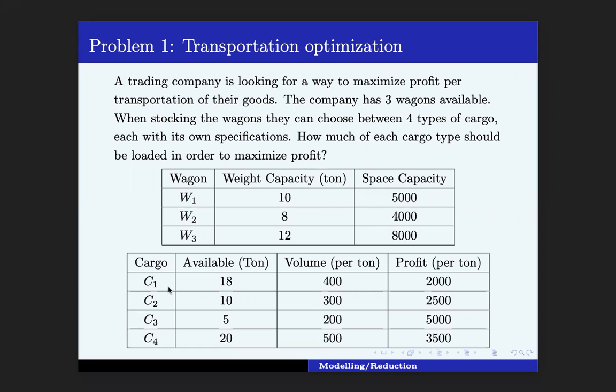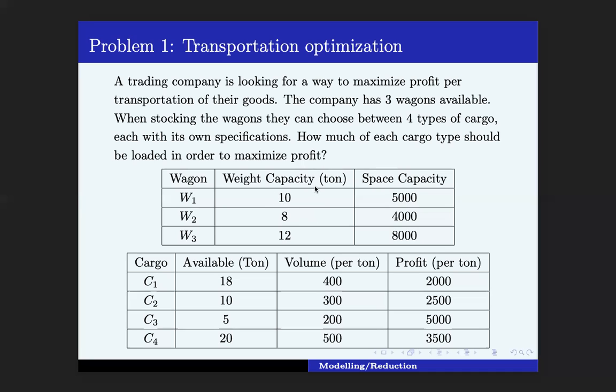So if you are packing 10 tons of cargo 1 into wagon 1, then the total volume that it has already eaten up is 4,000, since 10 into 400 is 4,000, and the profit from sending this in W1 is 10 into 2,000. But since wagon 1 has already reached its capacity of 10, you cannot send anything else.